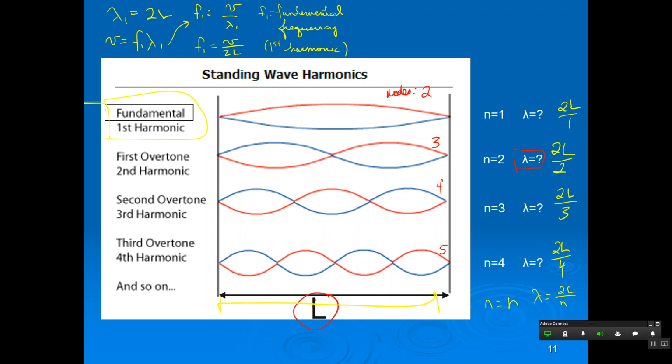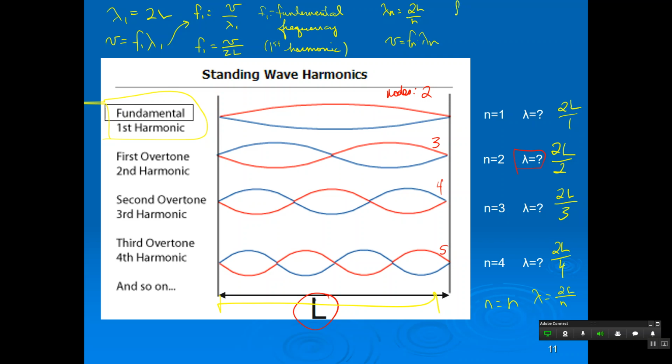Let's try to find it for all of them. Let's try to find the frequency of the nth harmonic. So we know that lambda n is equal to 2L over n. You guys came up with that. I'm going to derive the rest of the equation the same way as I did for this one. We said that velocity is equal to the frequency of the nth harmonic multiplied by the wavelength of the nth harmonic.